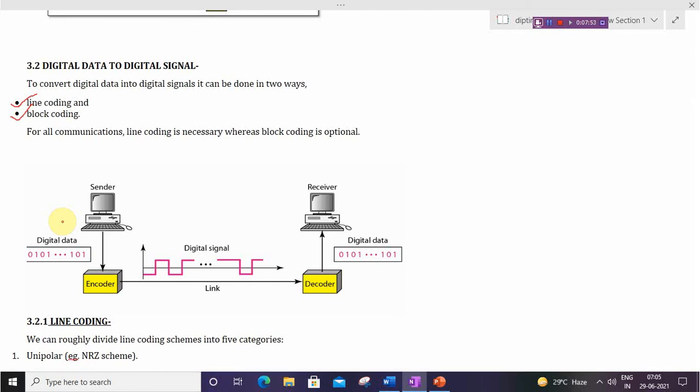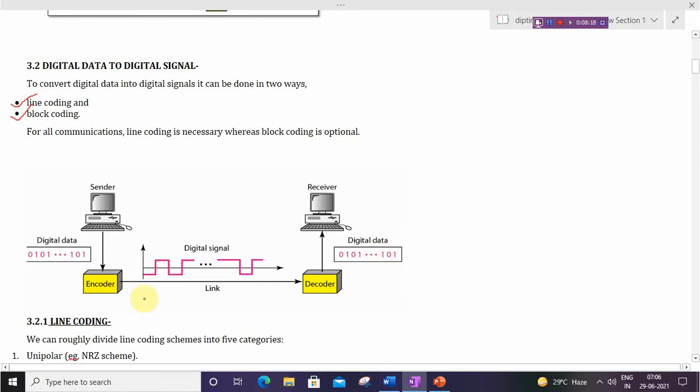Then an encoder is used to convert the digital data into digital signal. At the sender side, the encoder is used to convert the digital data to digital signal. And at the receiver side, a decoder is used to convert the digital signal into digital data.